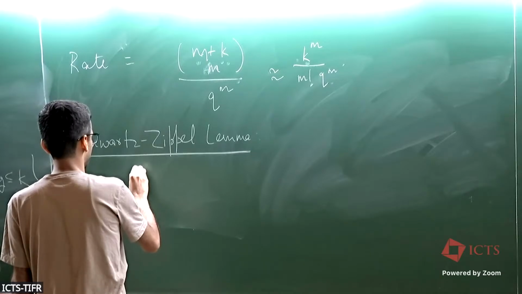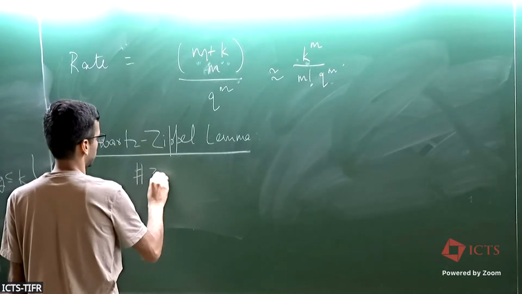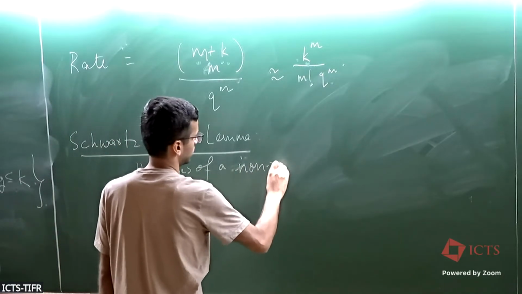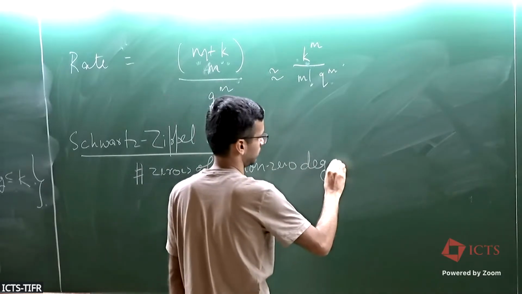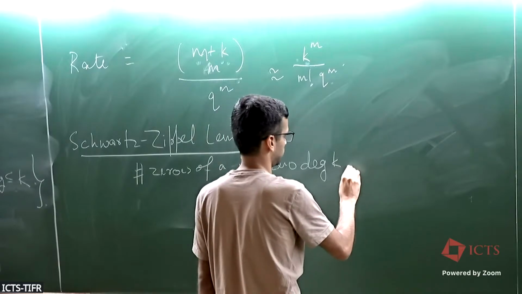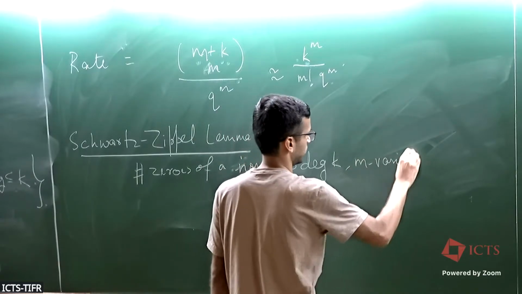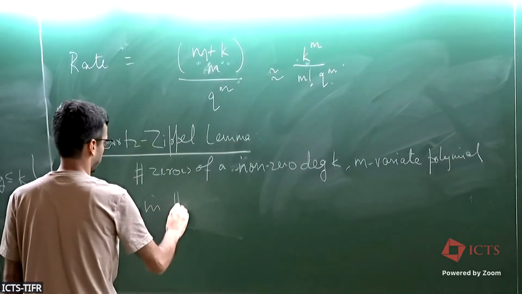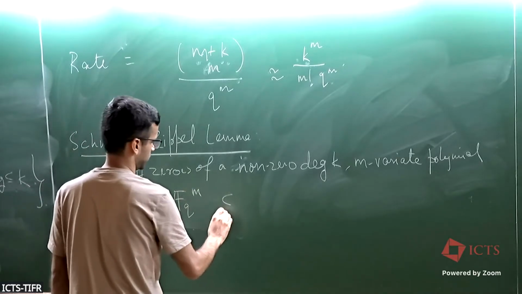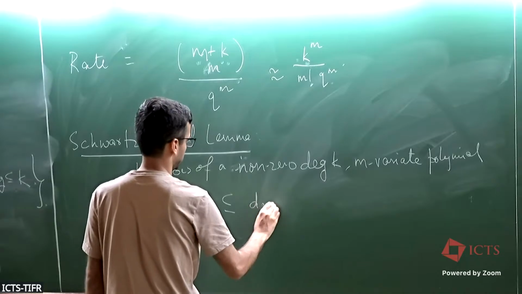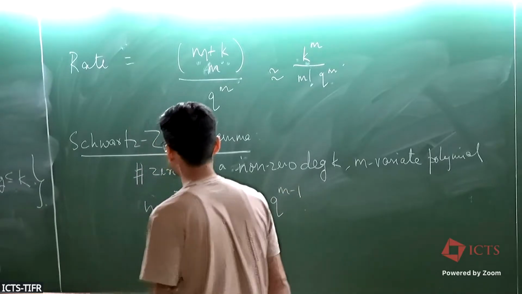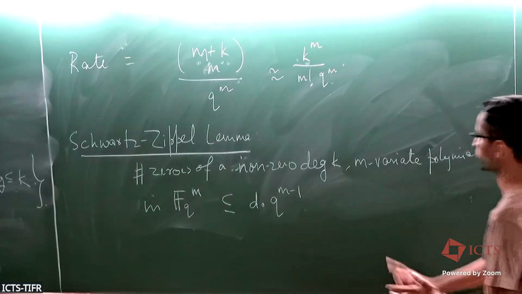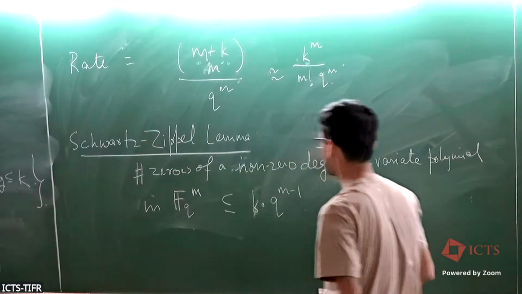The number of zeros of a non-zero degree k m-variate polynomial in F_q to the m is at most k times q to the m minus 1.